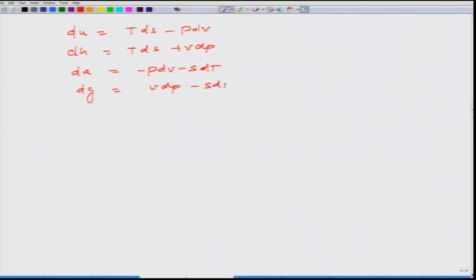Okay. Now, this set of 4 equations is also sometimes called Gibbs equations. Okay. And these 4 equations are nothing but differential forms of 4 thermodynamic functions U, H, A and G. U is internal energy, H is enthalpy, A is Helmholtz function, or sometimes we call it Helmholtz free energy or potential.